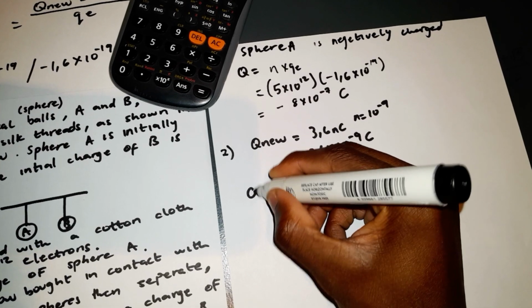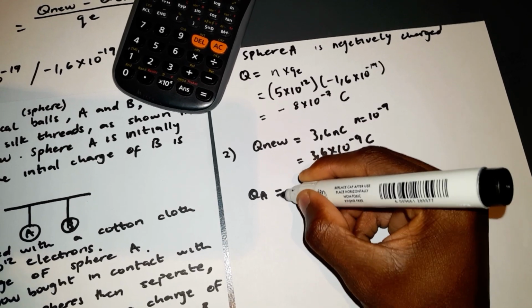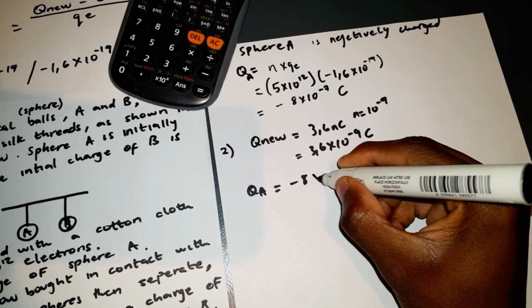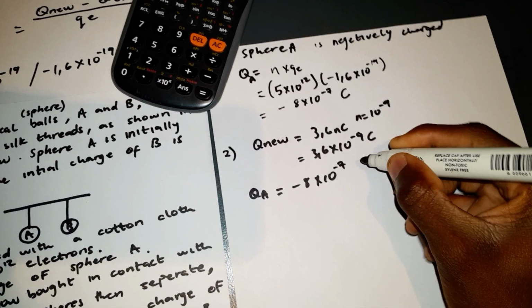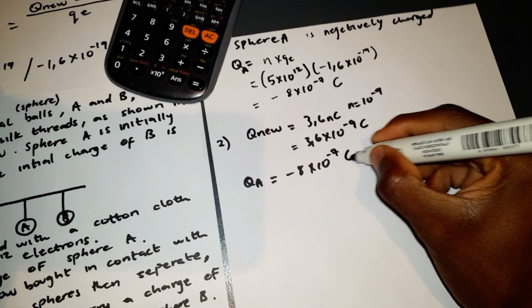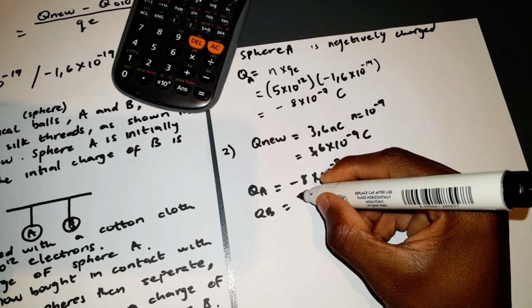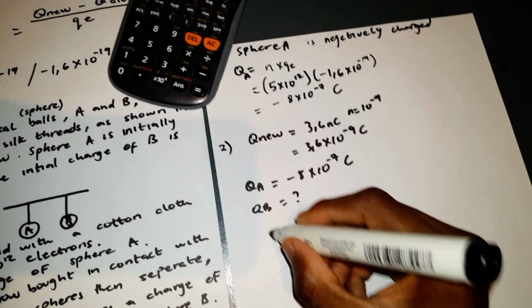Do we have the charge on sphere A? Yes, it's negative 8 times 10 to the negative 7 coulombs, and we don't know this one. We are still looking for it. So now let's start tackling it.